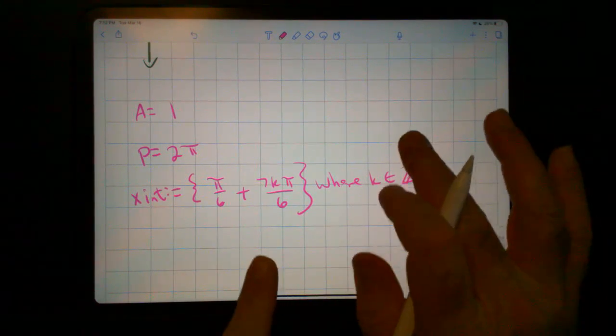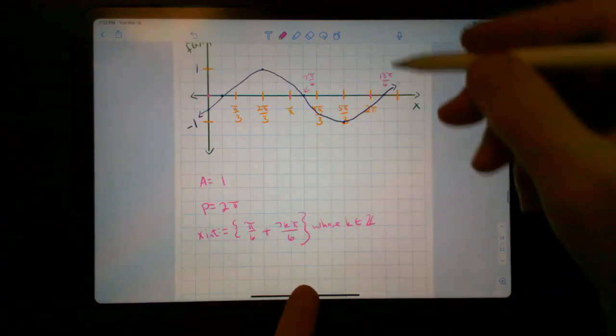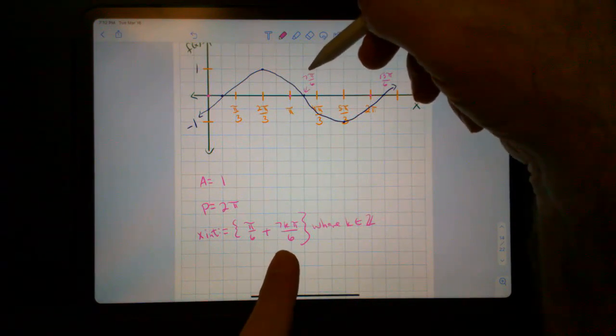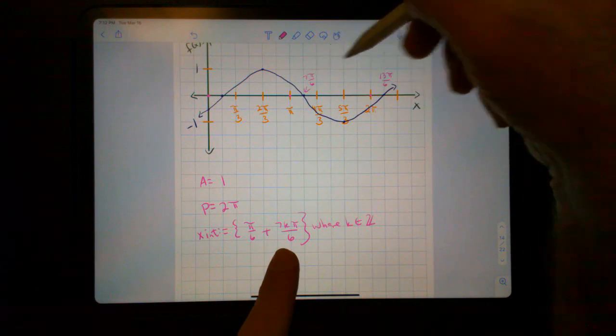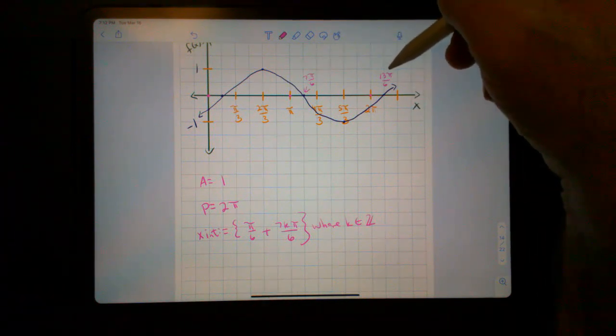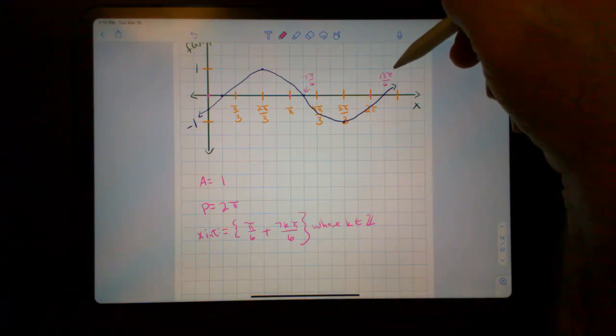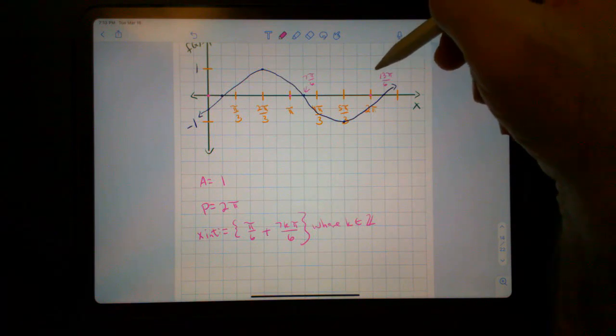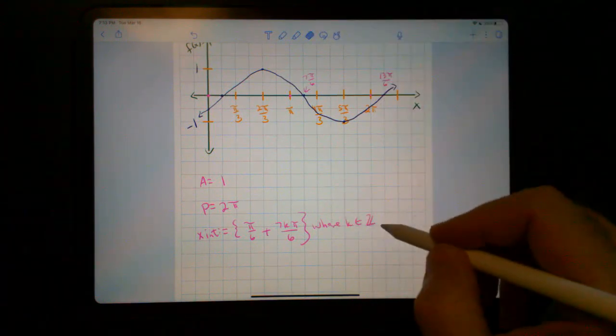Okay, so when k is 1, we're good. When k is 2, we're not good. Oh, what was I thinking?